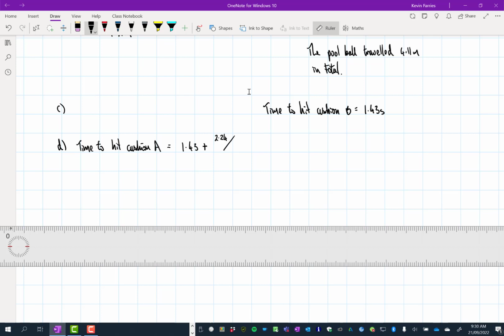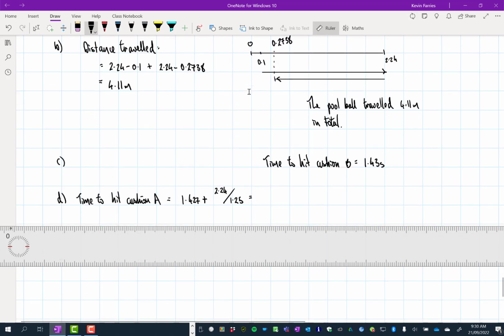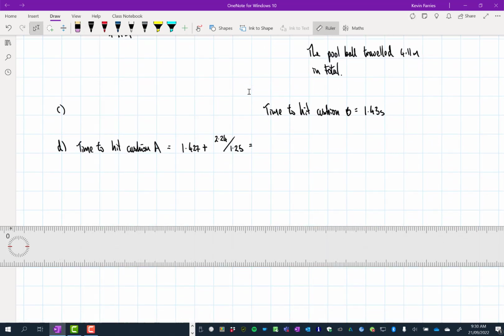And after it hits cushion B, it's traveling at 1.25 meters per second. Said that in the question. So the time to get back to cushion A, I might just put this as 4 significant figures because we're reusing it. Just double check that's the right value. Yep. So it's going to be 1.427 plus 2.24 divided by 1.25.